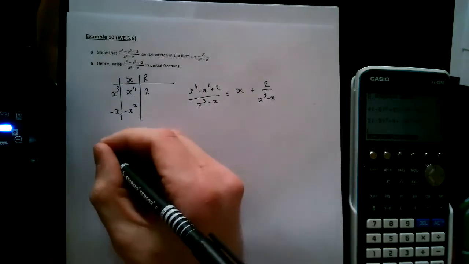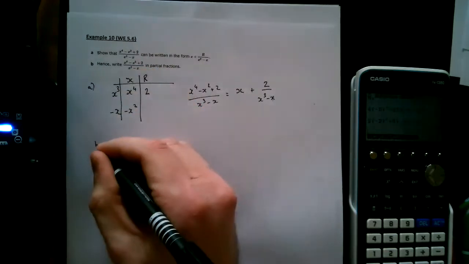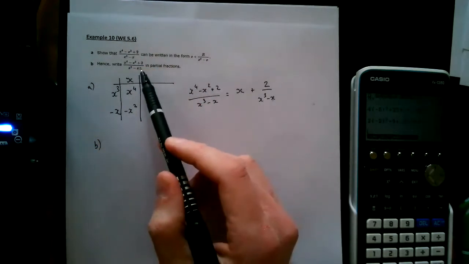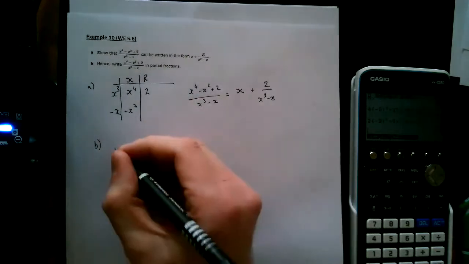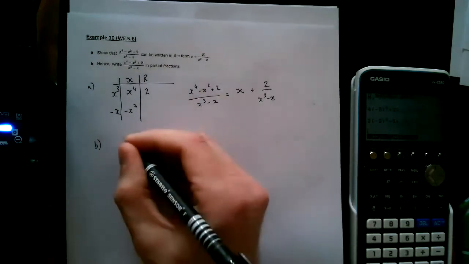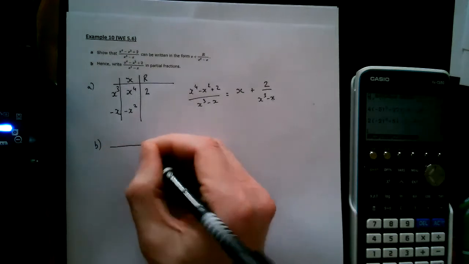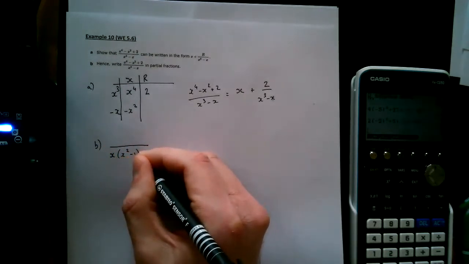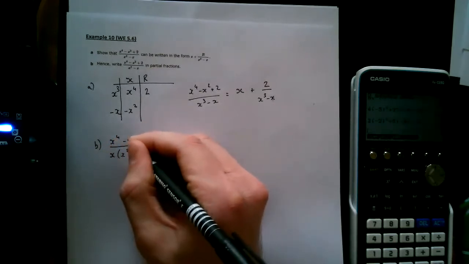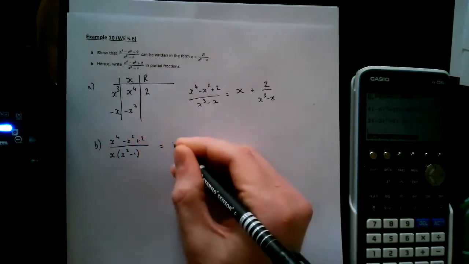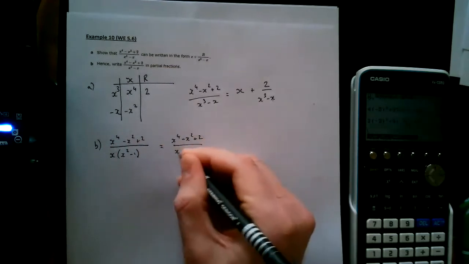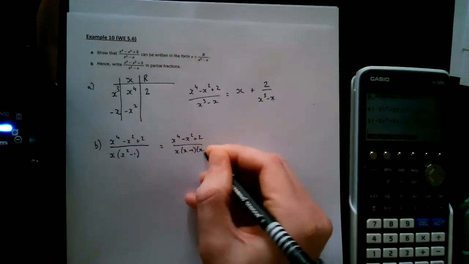Okay, so then on part B, it is hence write it in partial fractions. Well, I could have used the trick from before, and I would have brought it on the bottom, it's x times x squared minus 1, which gives me on the bottom x minus 1, x plus 1.